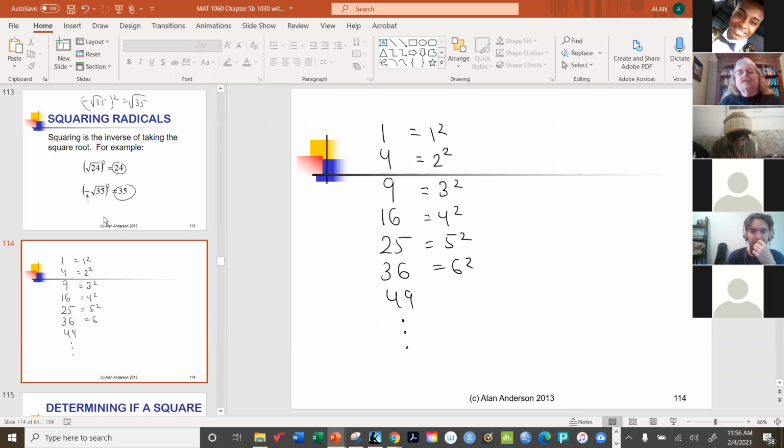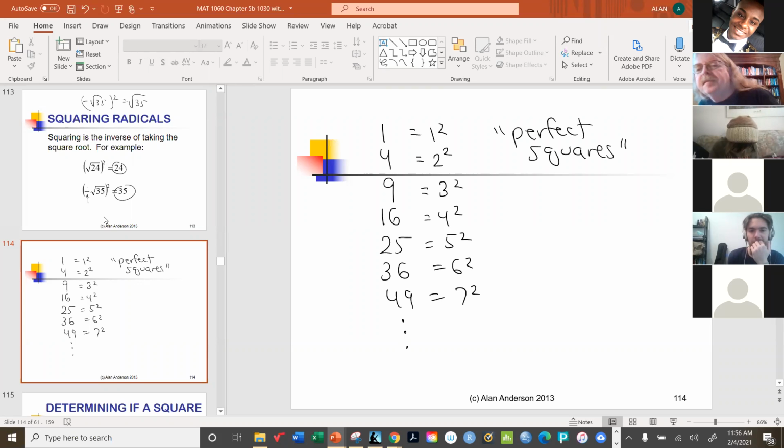So these numbers are referred to as perfect squares. It's a very exclusive club. Like imagine within all the real numbers, not many numbers get to be perfect squares.